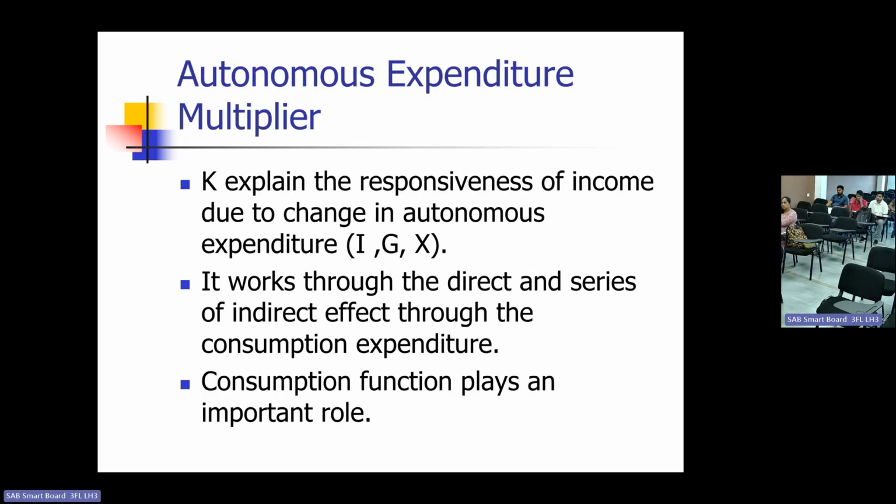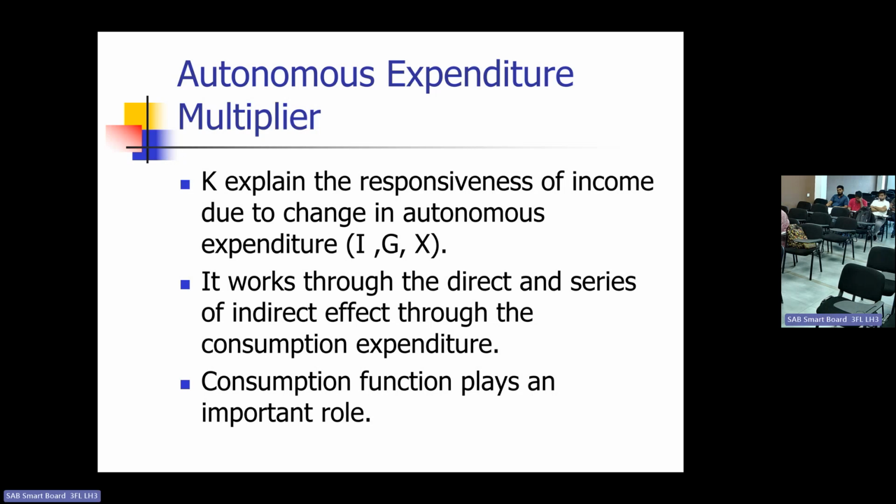Now we can identify the autonomous expenditure multiplier. Here we only take the simple economy, but other sectors also operate. So there may be a set of autonomous expenditures from other sectors, the government sector and the external sector. We can incorporate all these expenditures: autonomous investment, government expenditure, and exports also as autonomous expenditure.